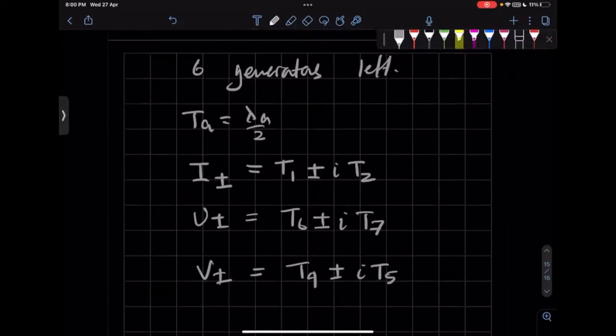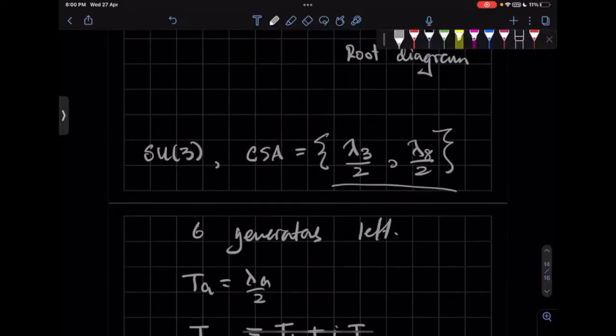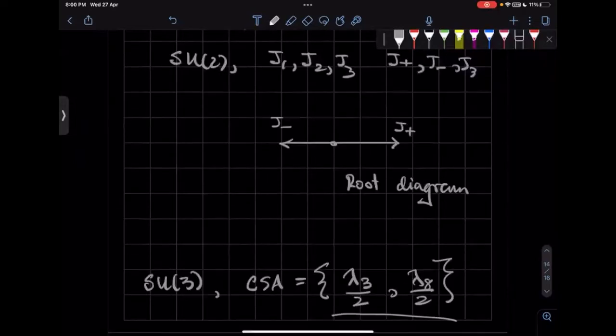Now, if I take these and my Cartan subalgebra, we can associate to each of them a vector, which we call a root vector, analogous to the SU(2) case.